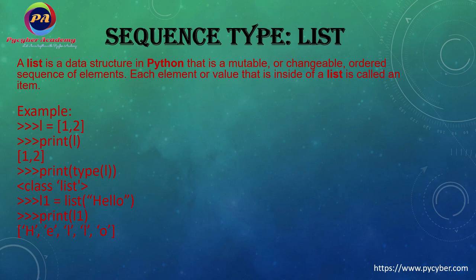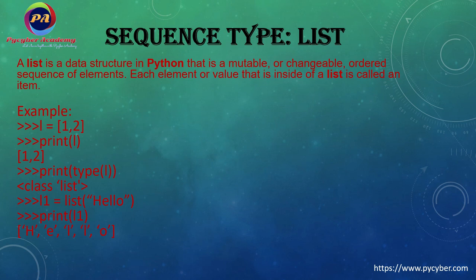Here is one more interesting thing, that we can convert a string into a list. In this example, L1 equals list of hello. Here hello is a string, because string is a sequence data type, or iterable data type. That's why it creates a list with every element present in the sequence. So in Python, a string is similar to an array. That means a string is a sequence of characters.